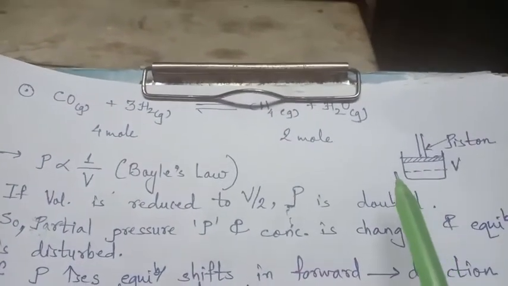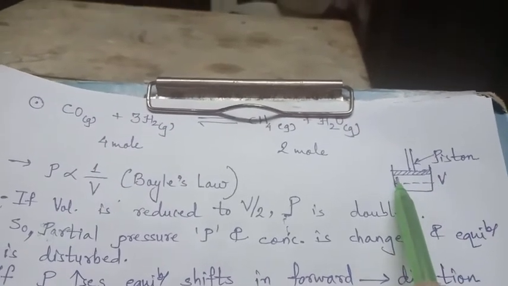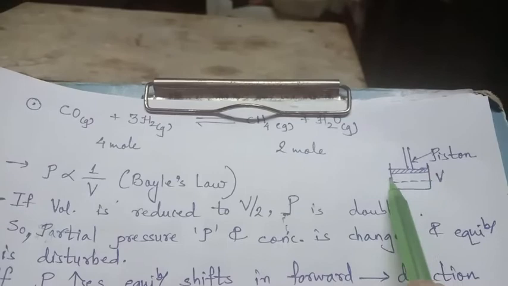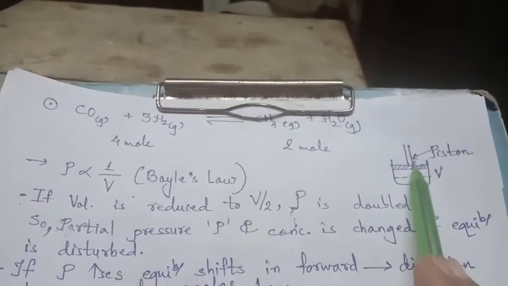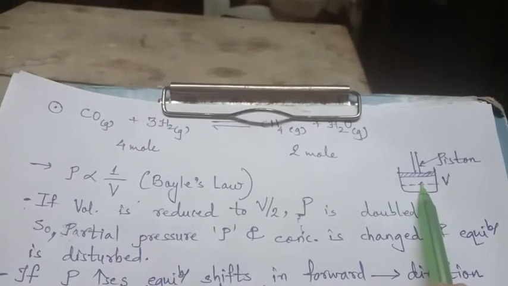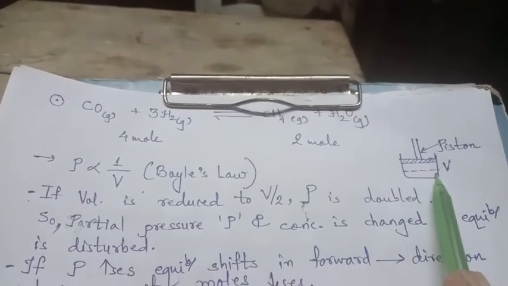Here I have explained that if a container is full, then when the pressure is applied, the piston will come downwards and it will be compressed to half.